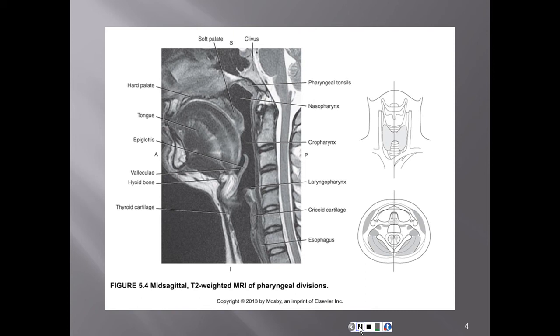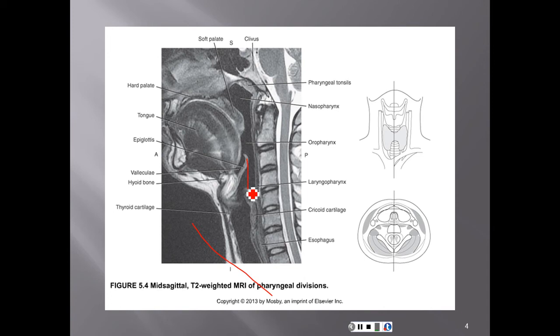The valleculae, sorry about that, the valleculae, which flank the epiglottis. Okay, so you have the epiglottis right here, and this folds down to cover the trachea whenever the swallowing reflex is initiated.